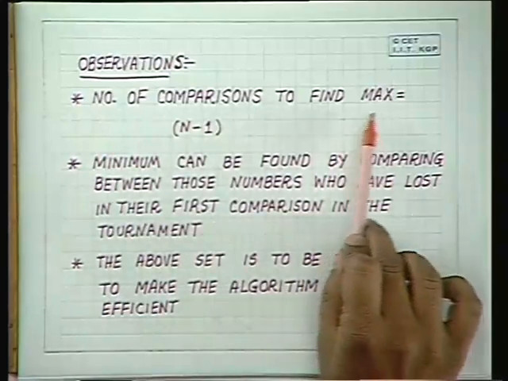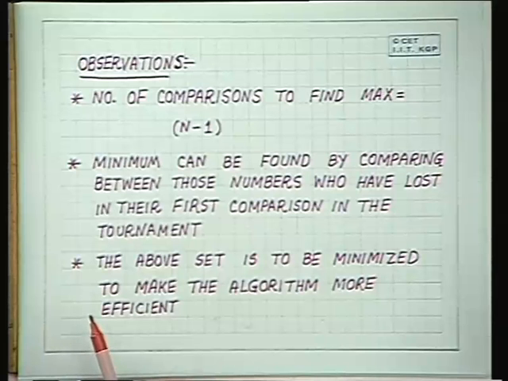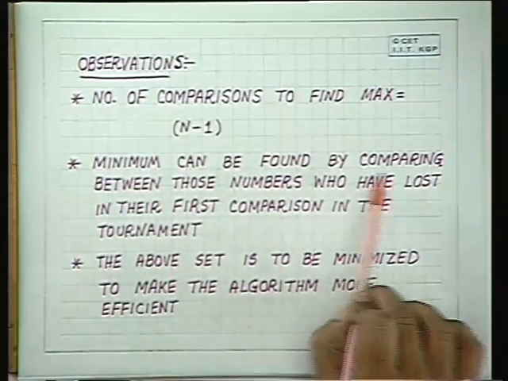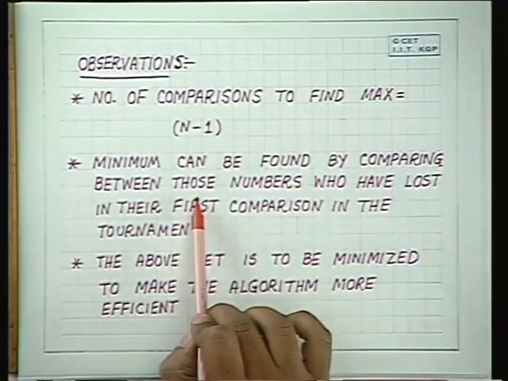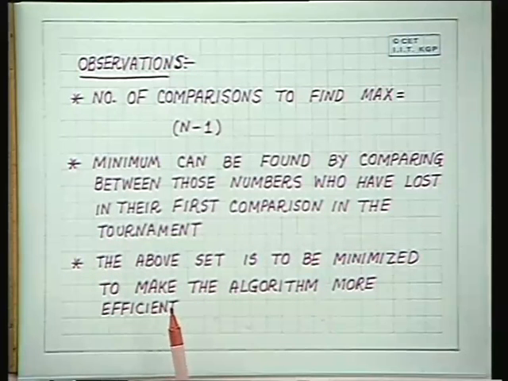So we make 3 very simple observations. The number of comparisons to find max is n minus 1. That is the first observation that we have made. The second is the minimum can be found by comparing between those numbers who have lost in their first comparison in the tournament.